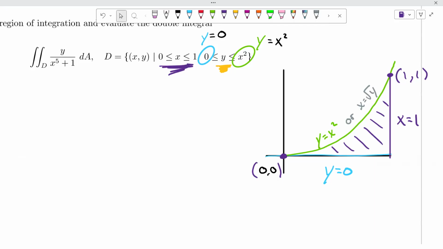I could try a u substitution, but then du is 5x to the 4th, which I don't have present in my integrand right now. So u substitution isn't going to work, which means instead I'd have to do integration by parts. And I could see that integral spiraling out of control rather quickly because I'll have to keep taking derivatives of x to the negative 5, which are just going to continue to get worse.